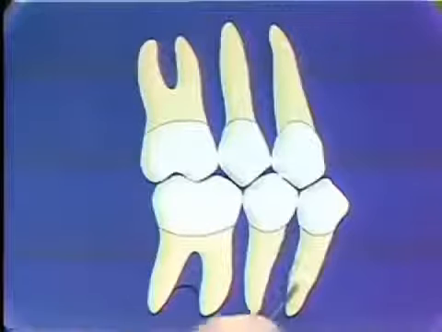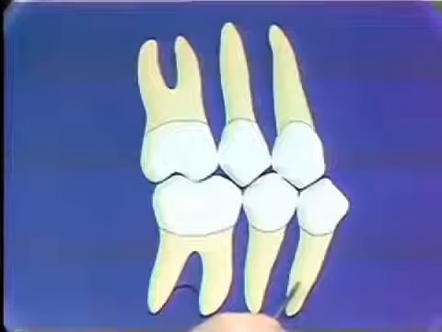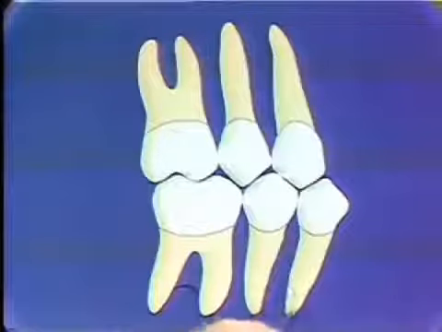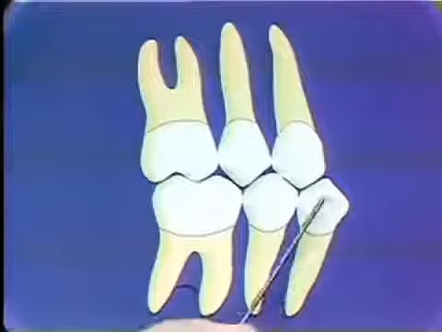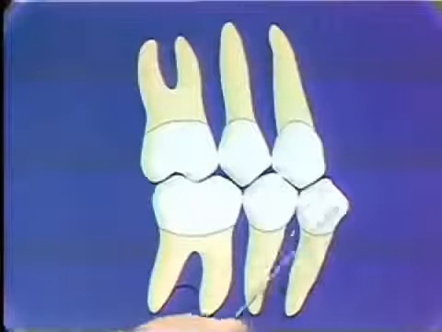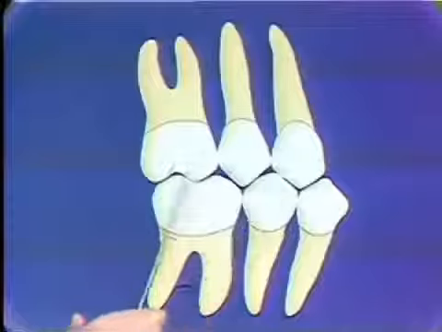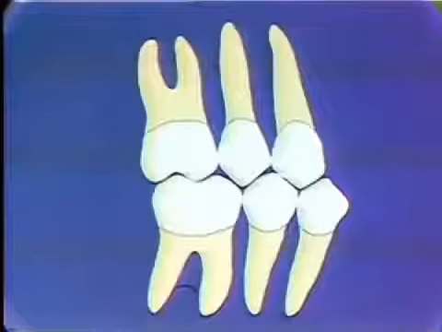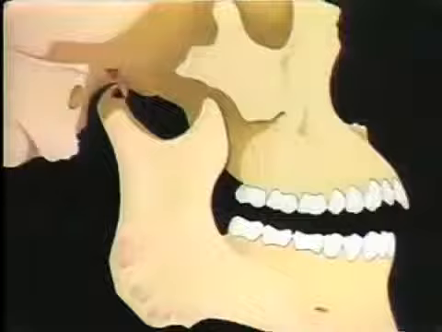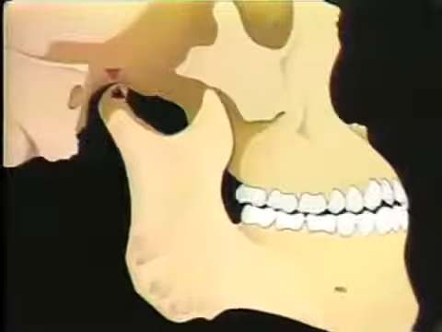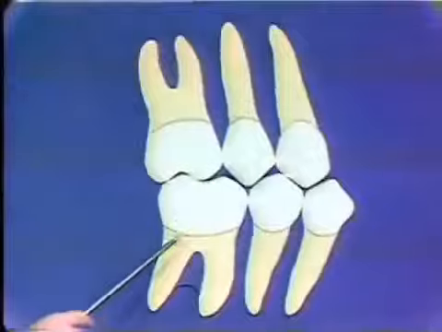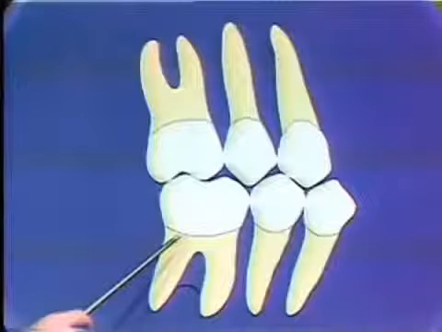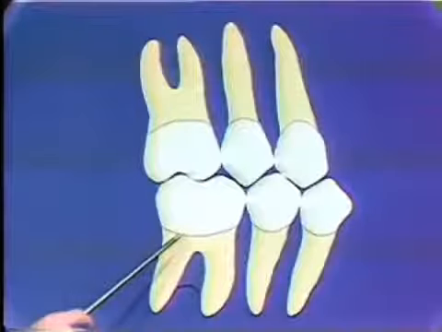These movements take place about a fulcrum, which is somewhere here, about the junction of the apical and middle thirds of the root, so that each one of these teeth is capable of individual movement in its own socket in all directions. Now, when the teeth come into occlusion, as we see in this diagram here, the movement which takes place as they come into occlusion is demonstrated on this model here, with each tooth moving mesially.